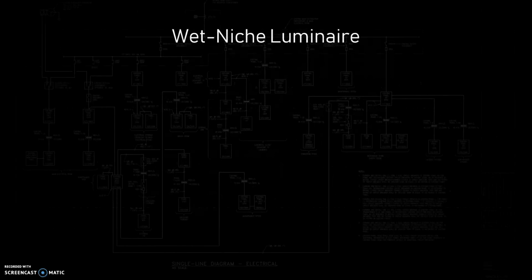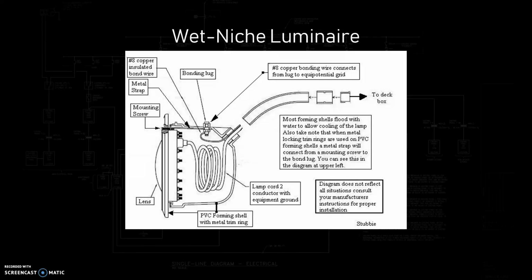The next thing I want to describe to you is the wet niche luminaire. It doesn't really apply anywhere other than pools, so it's not a term anybody's going to be familiar with. What we're talking about is an underwater pool light where the housing is intended to be flooded with water. Generally it's going to be a PVC back box.